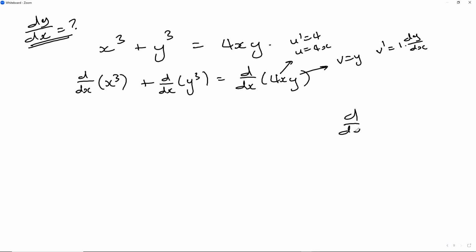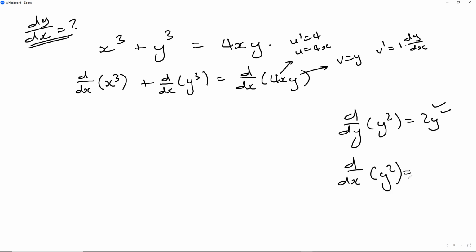So d dy of y squared is equal to 2y. That's all good. But d dx of y squared means that we have to write 2y times dy dx, because we have to introduce the component that's going to cancel out to get that, which is actually d dy.